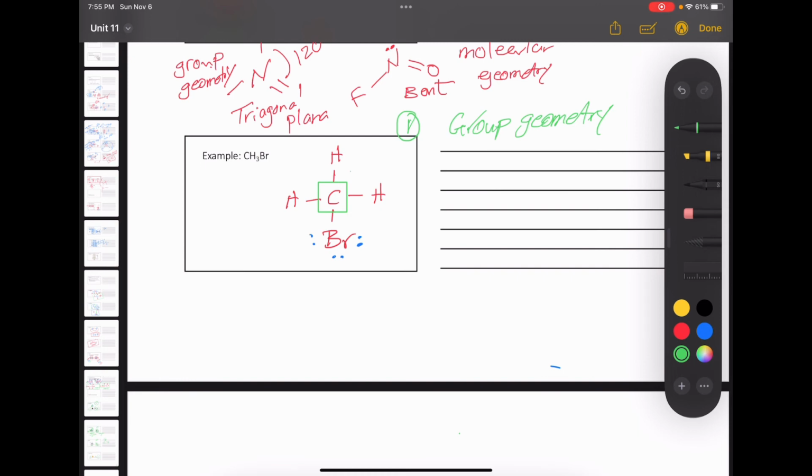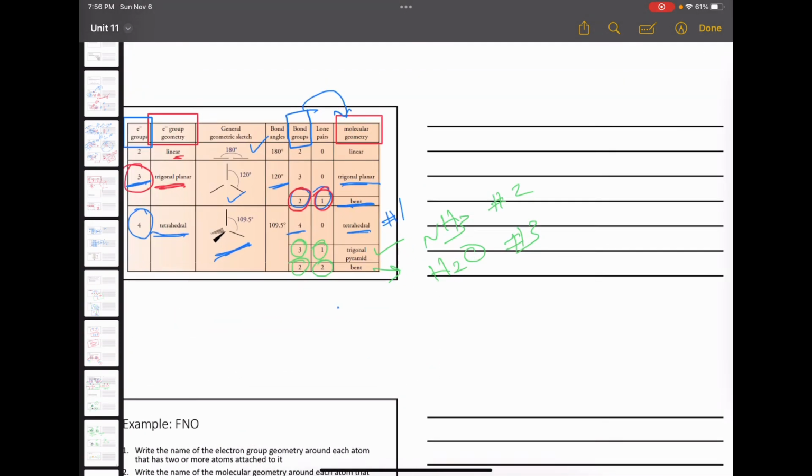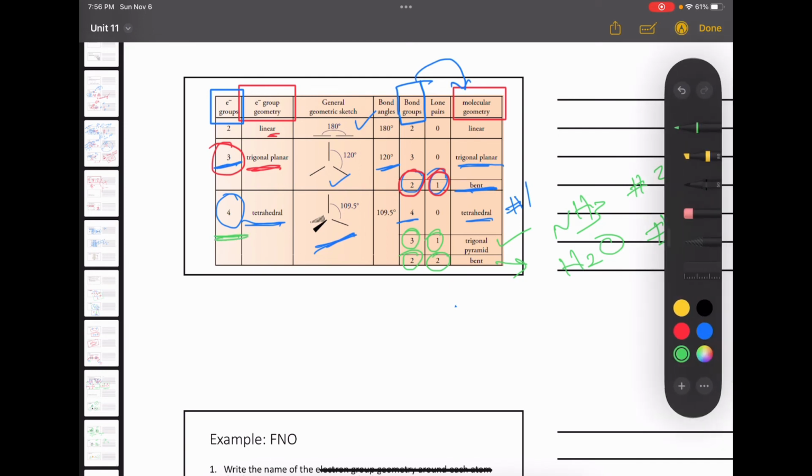So we have the first pair of electrons between carbon and hydrogen, second between carbon and hydrogen, third between carbon and hydrogen, and here's the fourth one between carbon and bromine. So we have 4 pairs of electrons, and they all seem to be bonding electrons. Since we have 4 groups or 4 pairs of electrons, the group geometry will be tetrahedral. Correct? If you go back to our table here, again, we're talking about 4 pairs of electrons for the group geometry, so that is going to be tetrahedral.